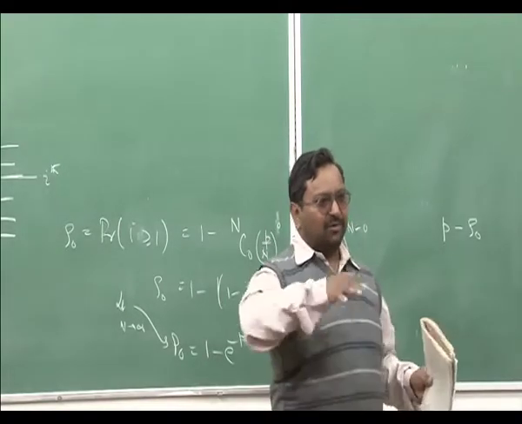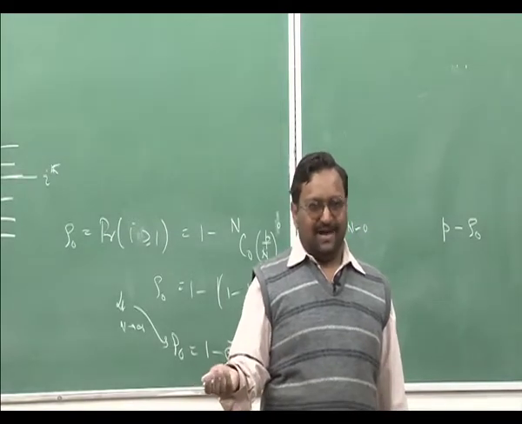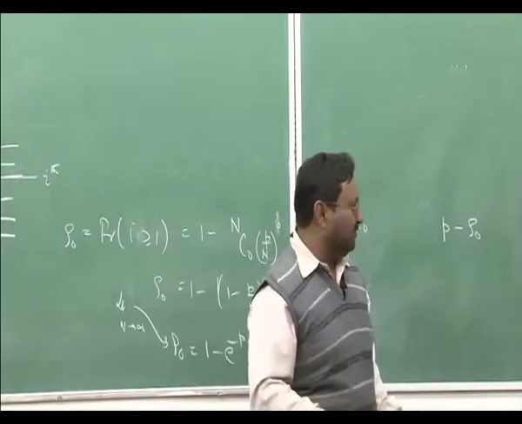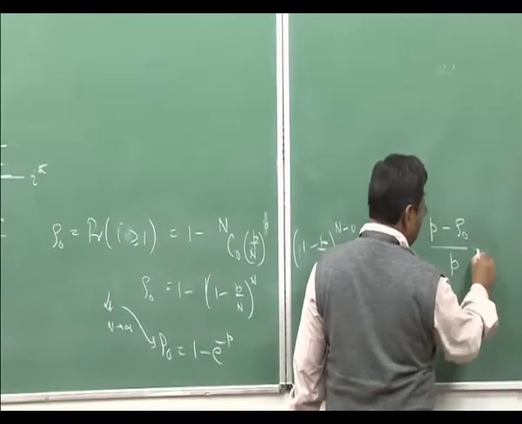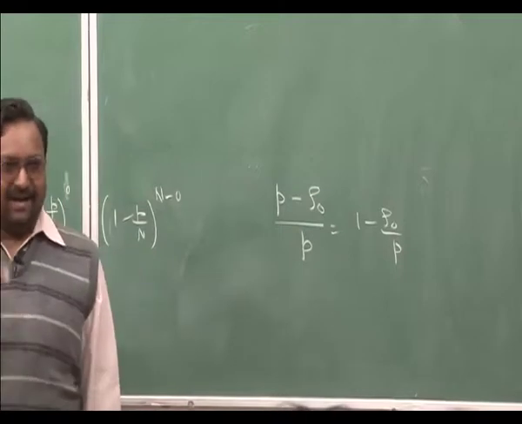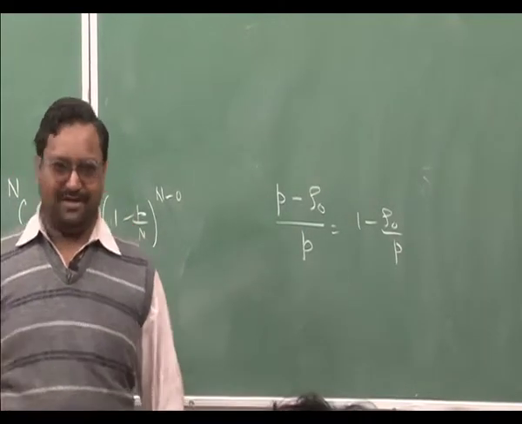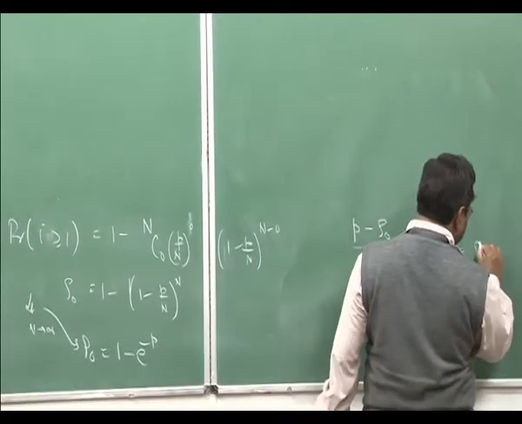So P are arriving, rho naught is going out, P minus rho naught are going to be lost. And if you know how many packets are coming, you divide by that. So this is the probability that a tagged packet is going to be lost.